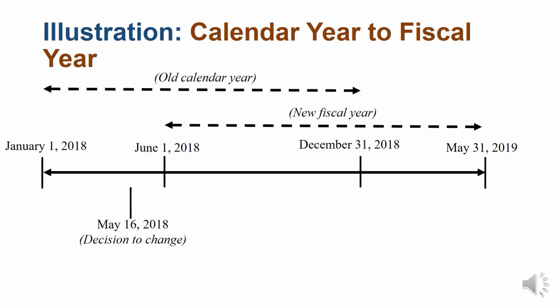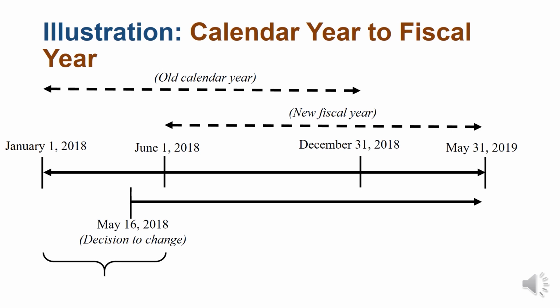Therefore, it cannot include incomes derived from January 1 to May 31, 2018, right? Okay? So, this is the period of the decision of change, no? So, this period from January 1, 2018 to June 1, 2018, this is what we call the adjustment period.